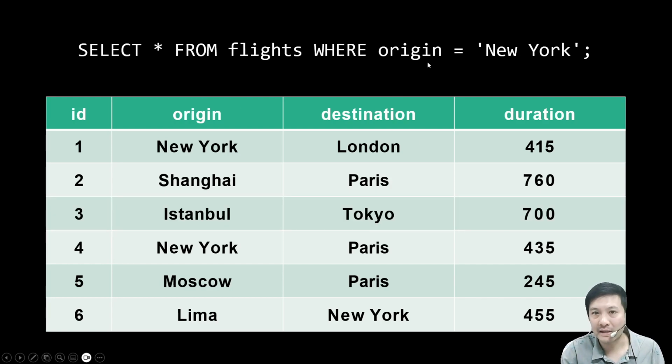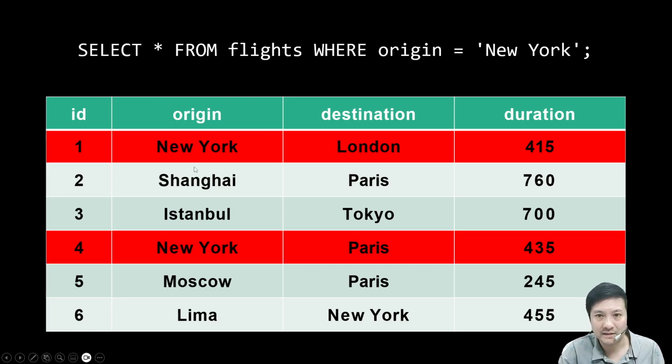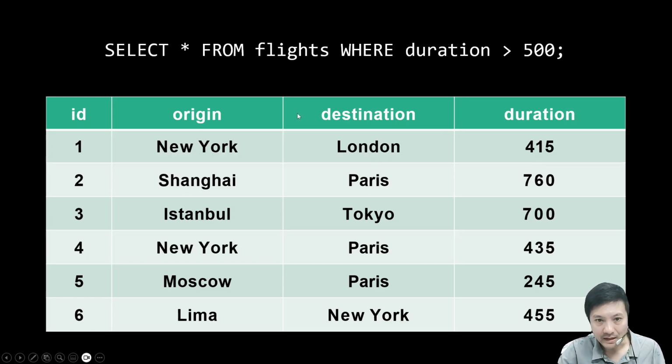Also you can have other cases. For example, you can have a filter on a string value, and here is the New York one. Also you can have a filter on a numerical value. You can have different operators, for example greater than, equal, less than, not equal.